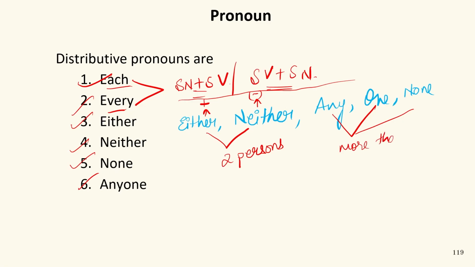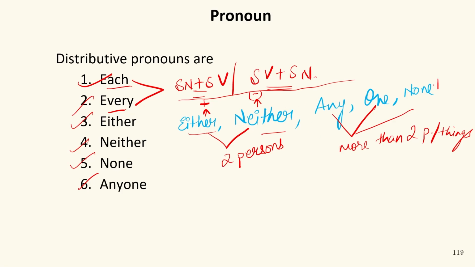When we talk about more than two persons or things, or we have more than two options, we use any one or none. But when we have only two options, we use either or neither, either in a positive sense and neither in a negative sense.